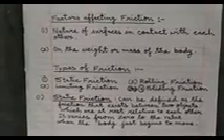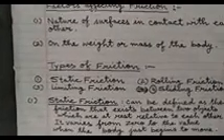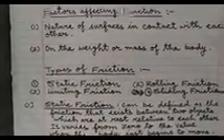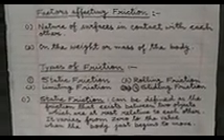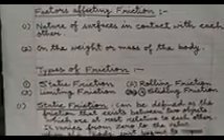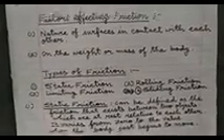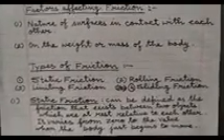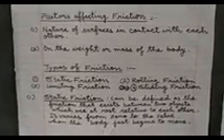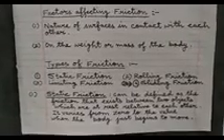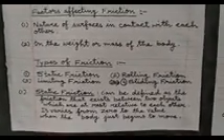The objects which have a rough surface produce more friction as compared to the objects which have a smooth surface, which produce less friction.